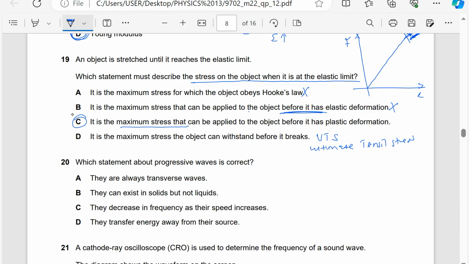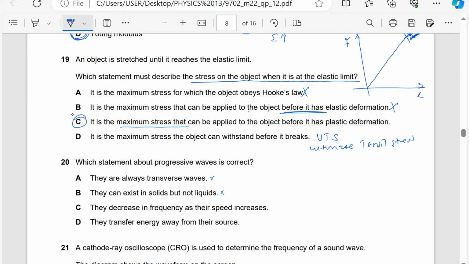Of course, we have seen progressive waves travel through solids and through liquids. Electromagnetic waves may not easily travel through solids, but they can travel through a vacuum. So progressive waves can also travel through liquids. So this is not correct.